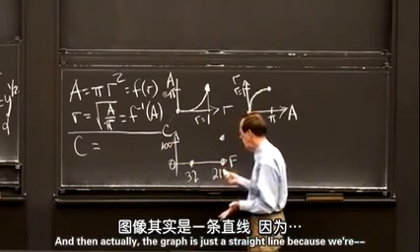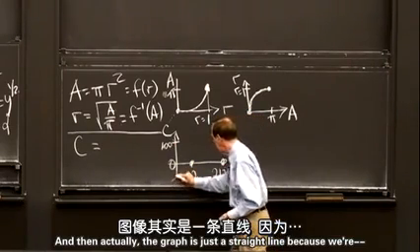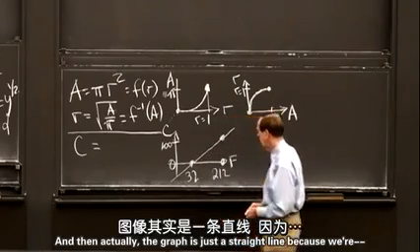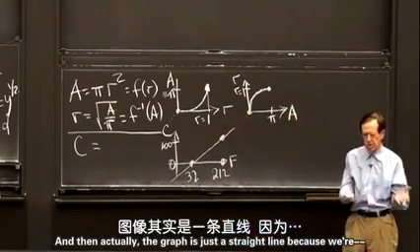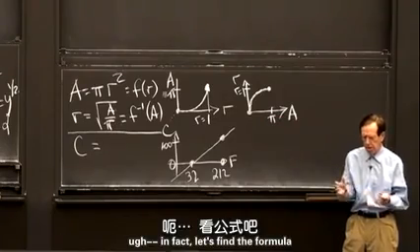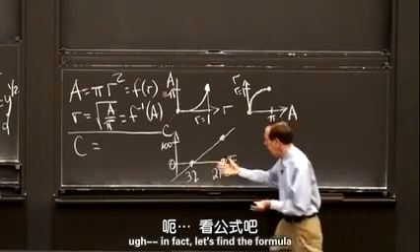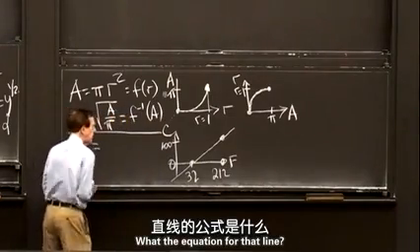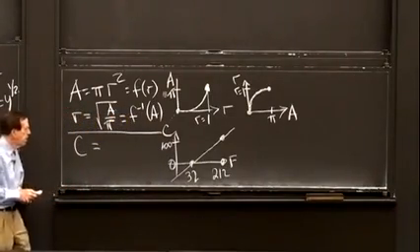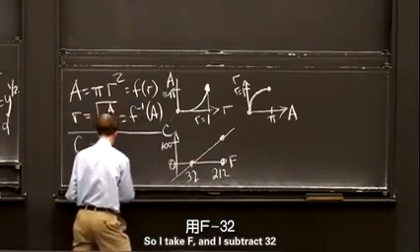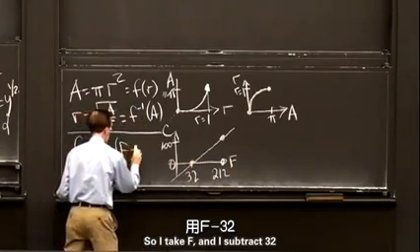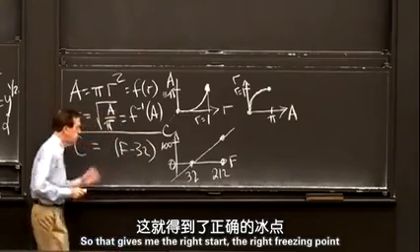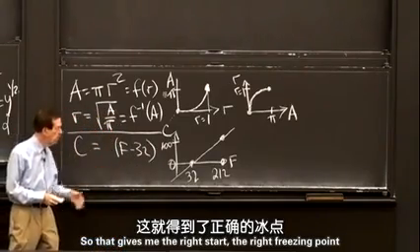And then, actually, the graph is just a straight line. In fact, let's find the formula. What's the equation for that line? I take F and I subtract 32. So that gets me at the right start, the right freezing point.